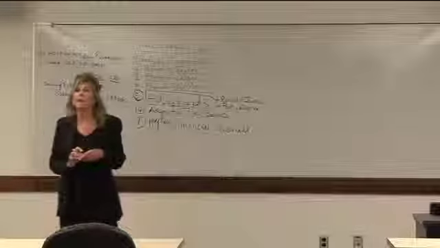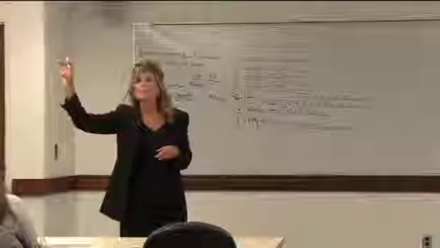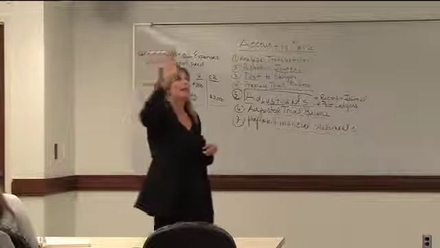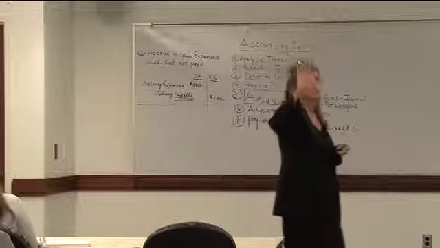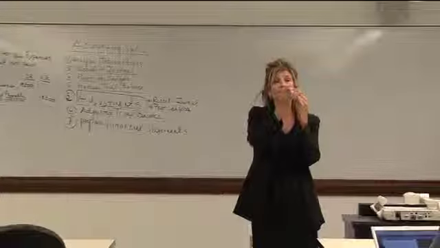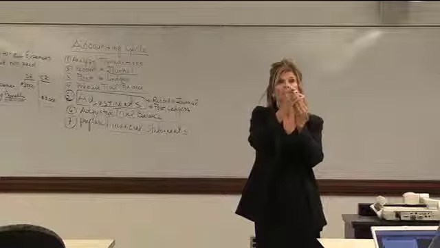What do I mean by that? You always write the name of the company whose financial statement you're reporting first. Next, you report the name of the financial statement, income statement, statement of retained earnings or statement of owner's equity, balance sheet, statement of cash flows.